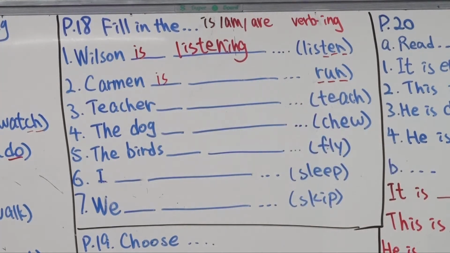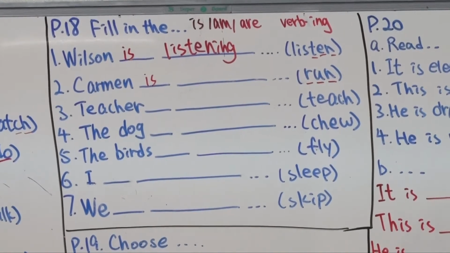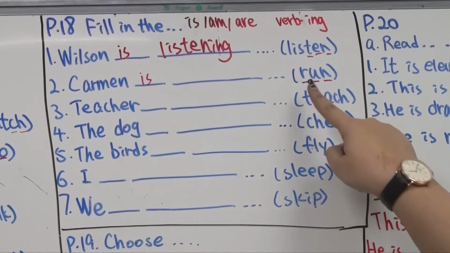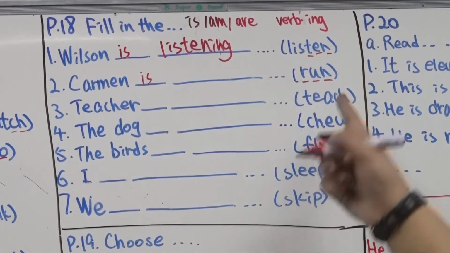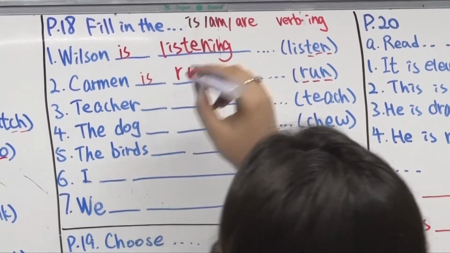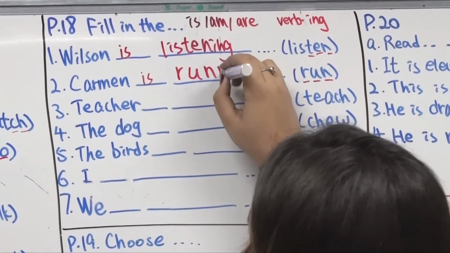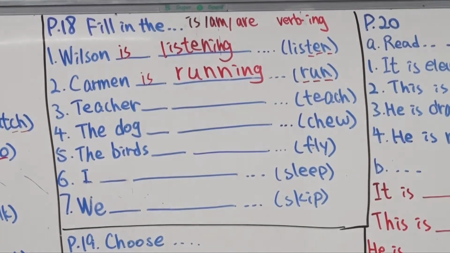How do we read this word? Run. Do we have to double the last letter here? Yes, very good. It has stress, right? Run, right? That's why. It has stress. So that's why we double the last letter and then we add ing. Okay?